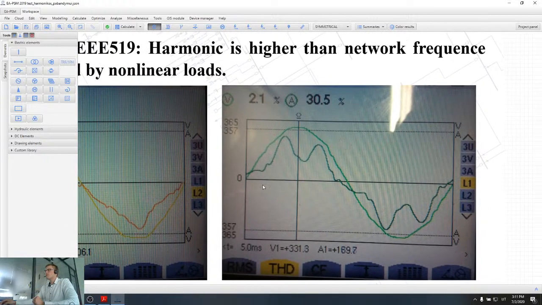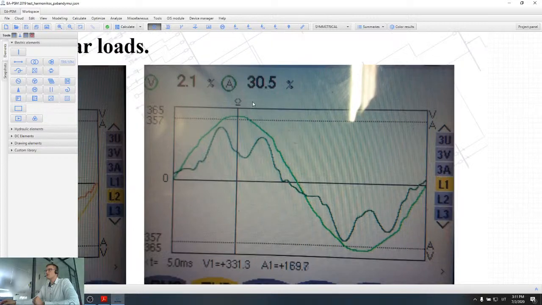However, if we have a higher harmonic rating, like here we have 30%, we can see that the current is now even further away from the sinusoid. Now we even have two peaks that are created by higher frequency harmonics. If our network current has 50 Hz frequency, it starts to rise from 0, and after some time it again reaches 0, so that is half the period.